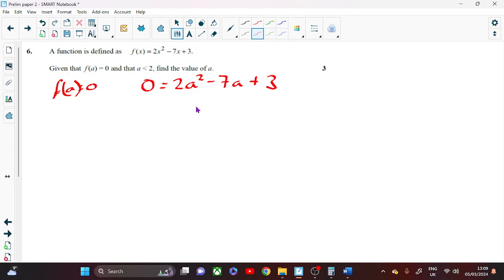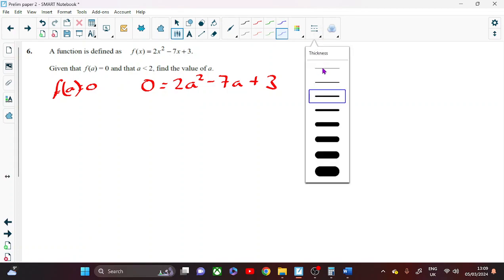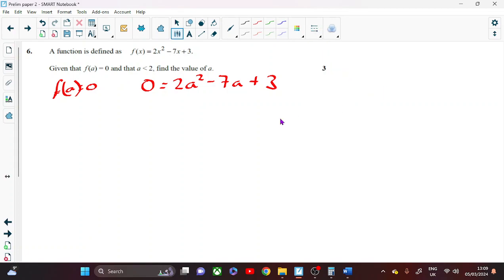Now, if you're good at your factorising, you're probably going to be able to work out what that is. If you're not good at the factorising, use the formula. For the sake of argument, I am going to use the formula because I tend to find that quicker.